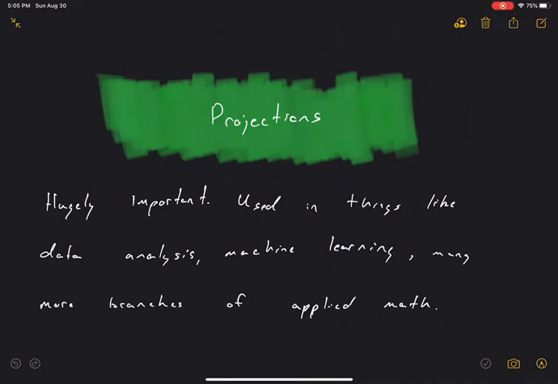They're used in very important fields like data analysis and machine learning. Pretty much any type of applied math is going to use some sort of projection. They're really good if you've heard of least squares and methods for finding an approximation to something.